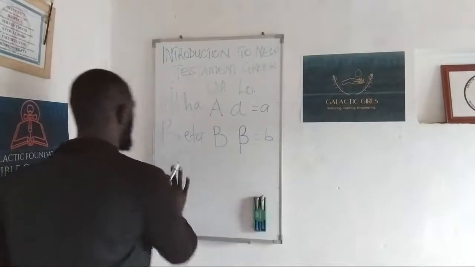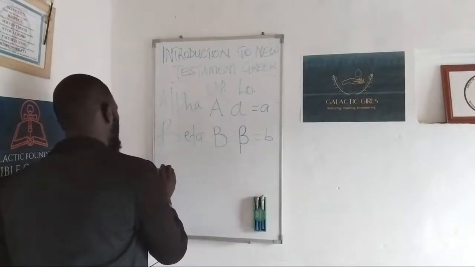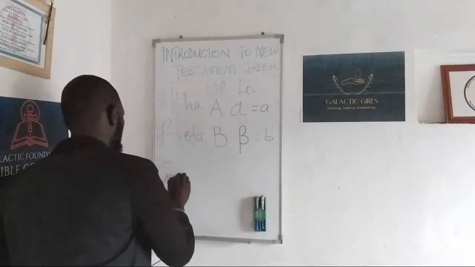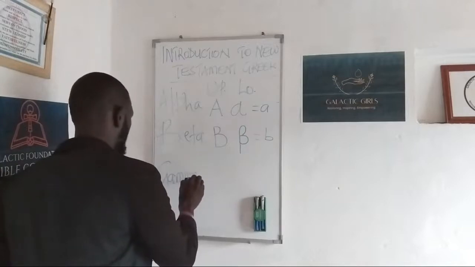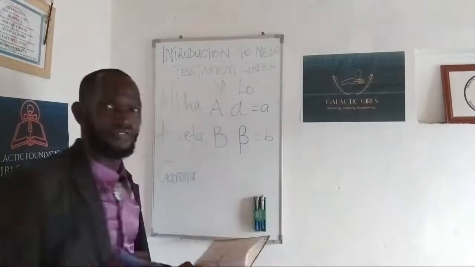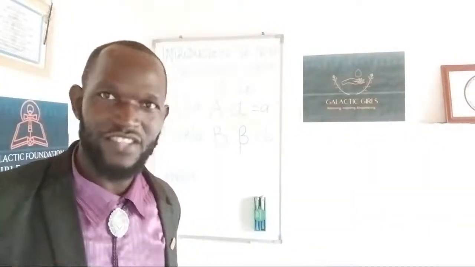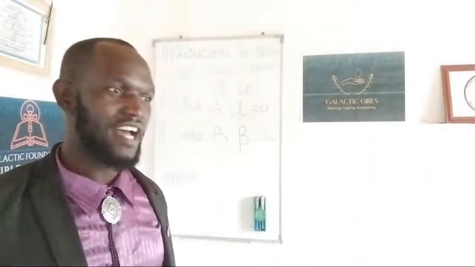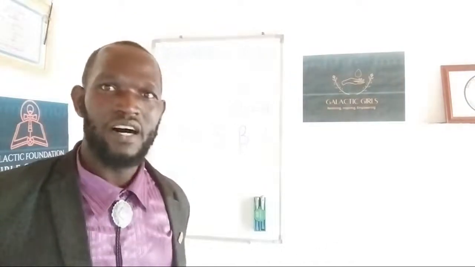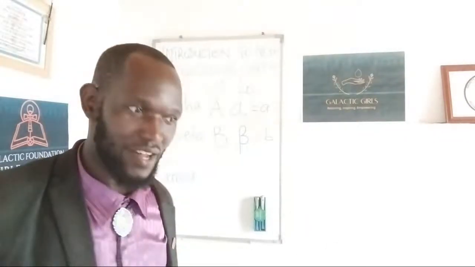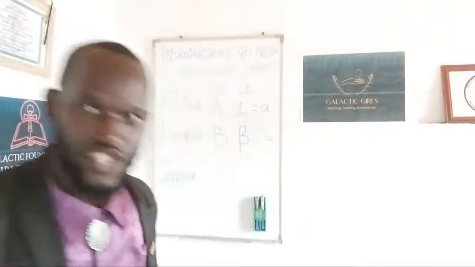And then the third is gamma. All right. If you've started physics and some of the science courses, then you know what we're talking about. Gamma is one of the letters that is used.